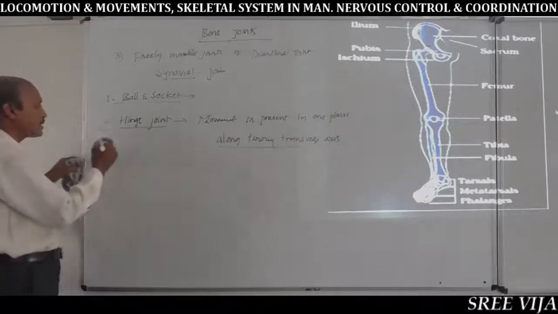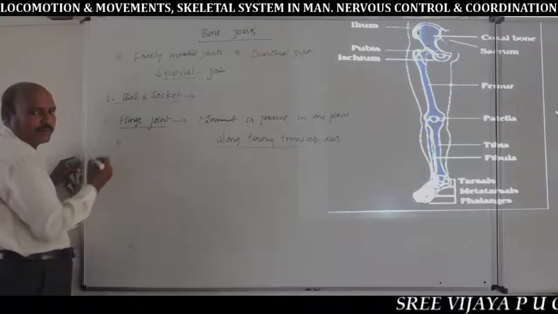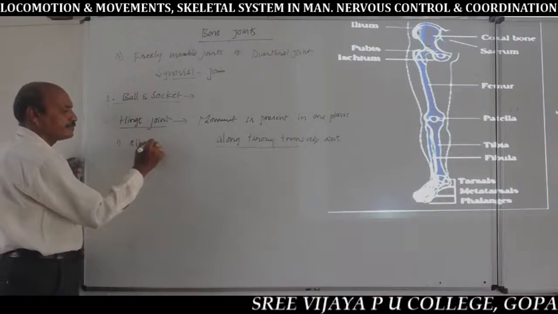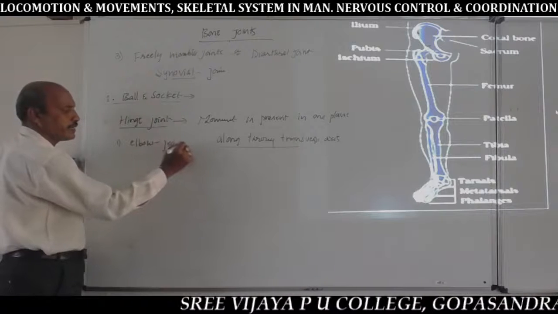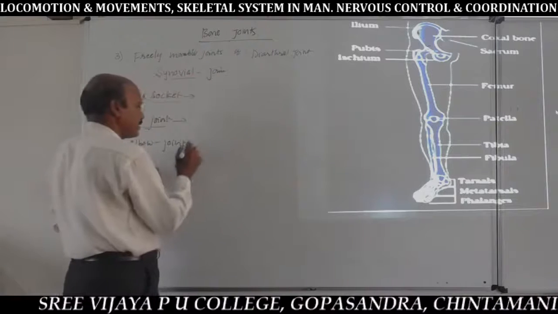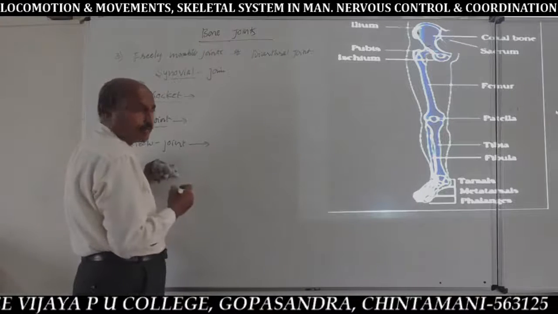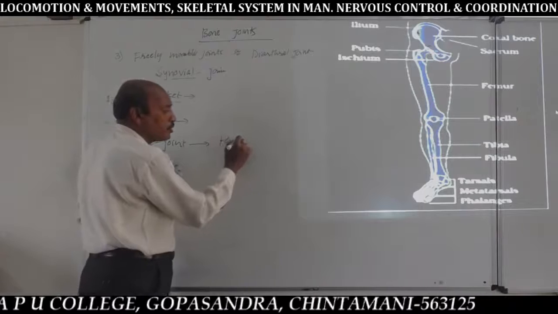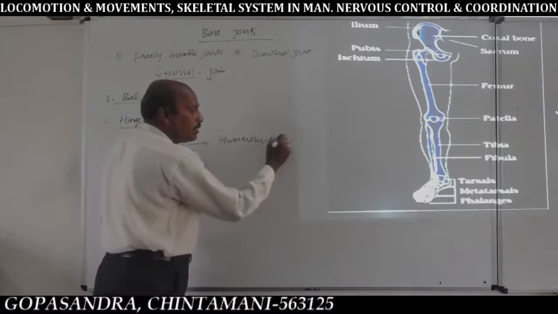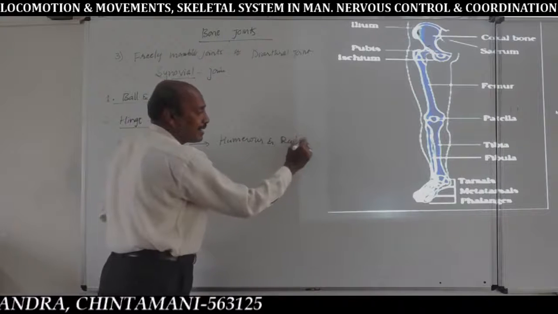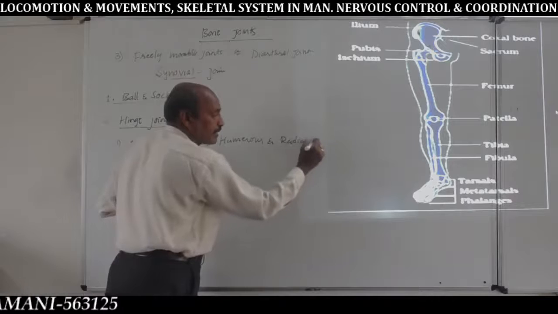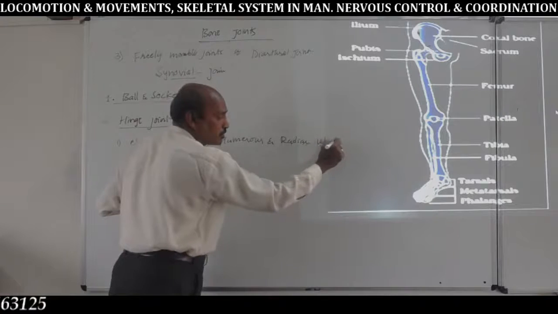Here the examples of a hinge joint, very important. Elbow joint, the connecting point between humerus bone, nothing but arm bone, and radius ulna bones.